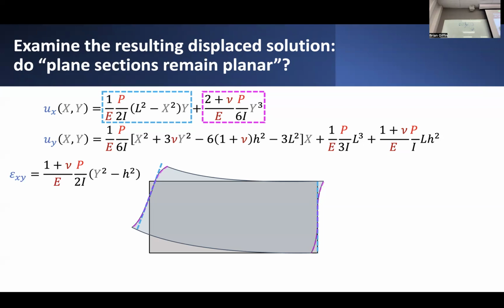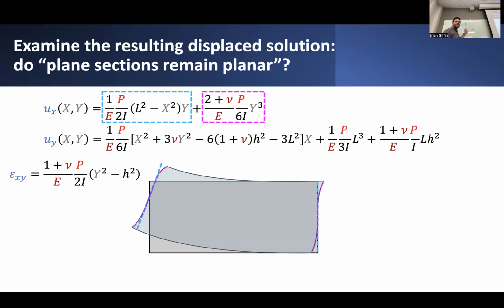But really, it's this extra term in magenta here that depends on y cubed. So y cubed, what does a function that looks like y cubed look like? Yeah, it kind of looks like this. It kind of looks like what we have up here, where the cross section is starting to warp, possibly due to, who knows, maybe shear deformation effects or other kinds of phenomena.